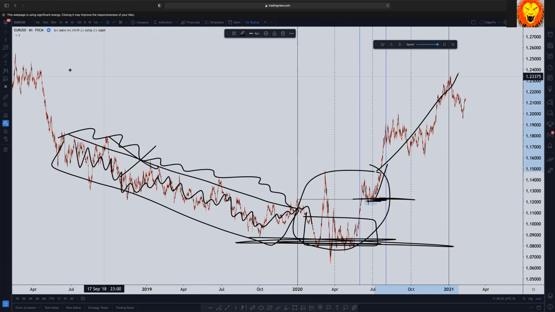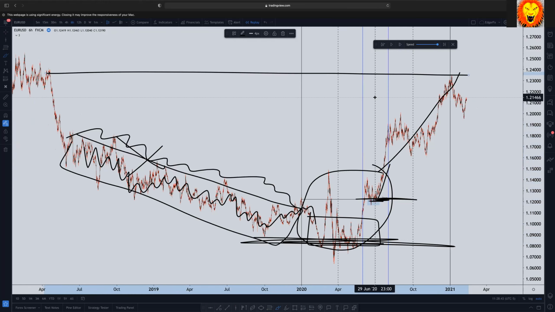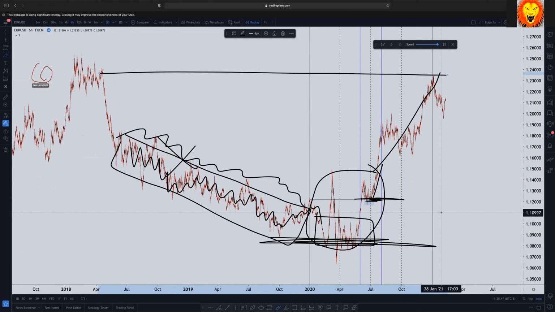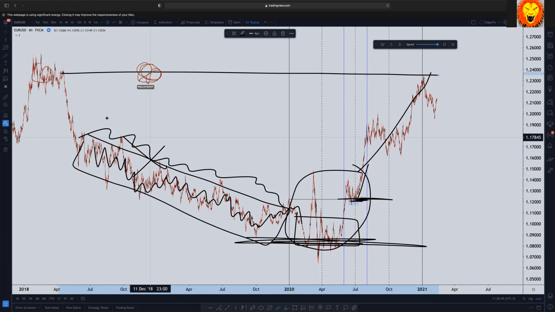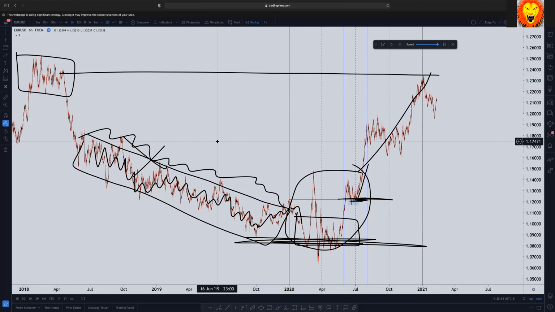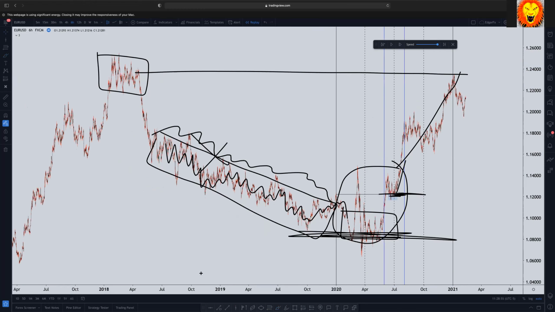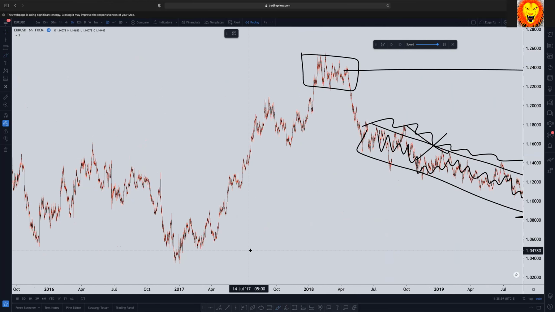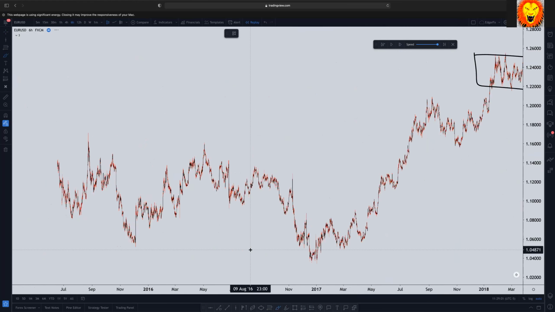Boom. This is where I actually started picking up trading right here. I remember it right here. This was the first time I looked at a chart. Euro USD right here. I could tell you mine too. I think I was looking at this chart too.